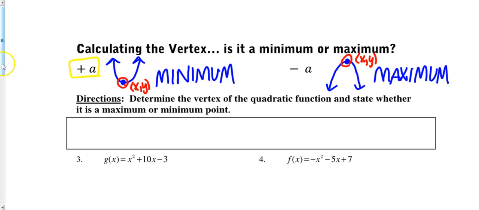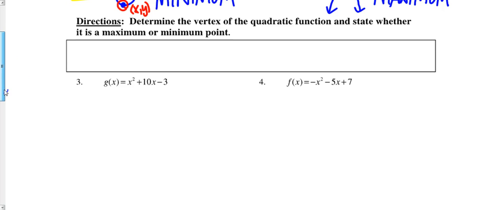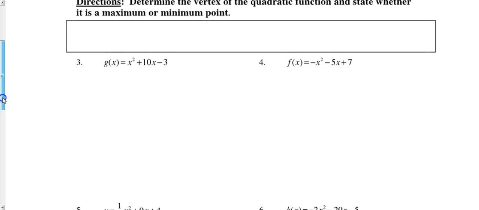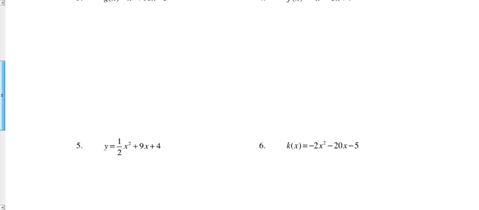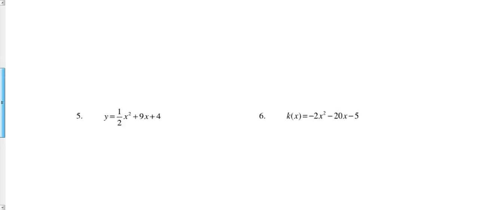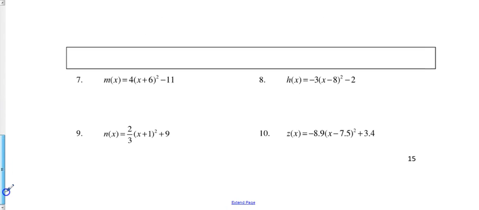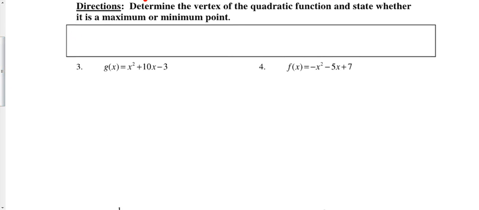We have a set of practice questions here. The directions say determine the vertex of the quadratic function and state whether it is a maximum or minimum point. And if we take a survey real quick of the whole page, we have numbers 3 through 6 that are in standard form. And then below here we've got vertex form. So these boxes are actually meant to help us recall what to do.